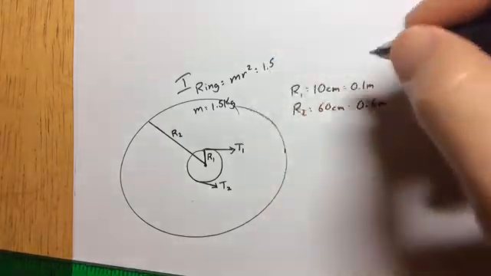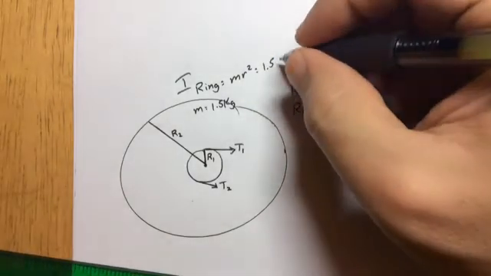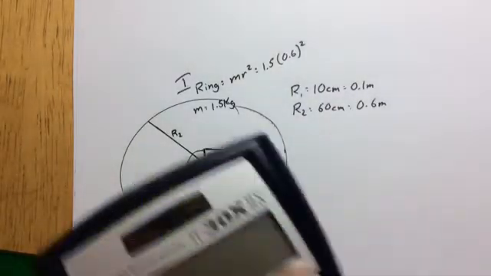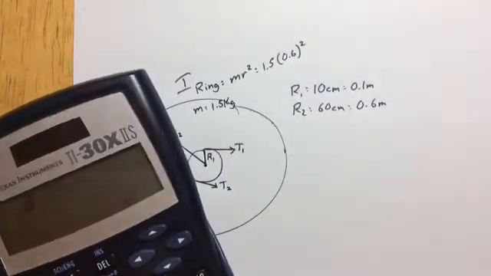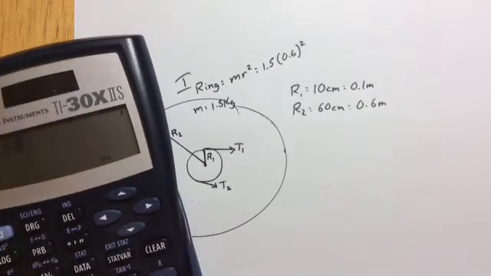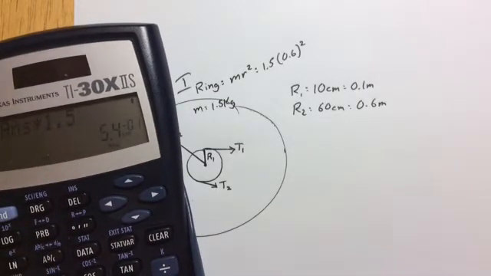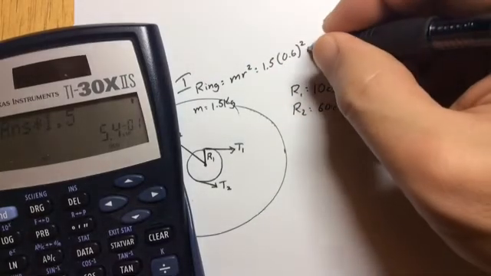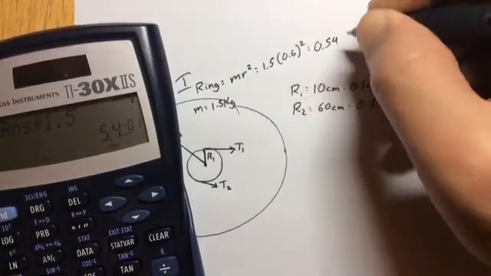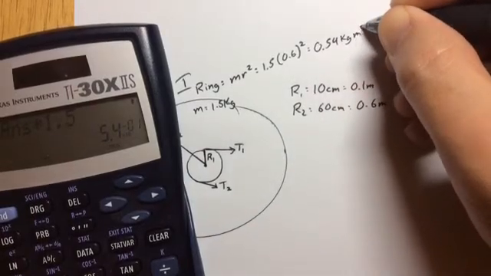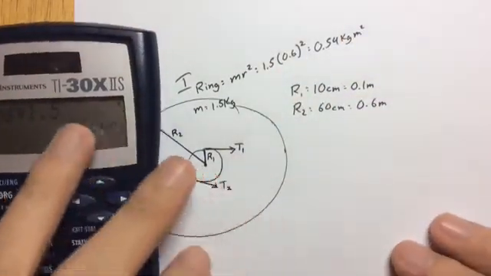And the radius of R2 is going to be 0.6 meters. So 0.6 meters, and that's going to be squared. So if I get my calculator, take 0.6, and I square it, and I multiply that by 1.5, then I get about 0.54. 0.54, and look at the units, it's got kilograms and meters squared. So that's my inertia of the outside ring.